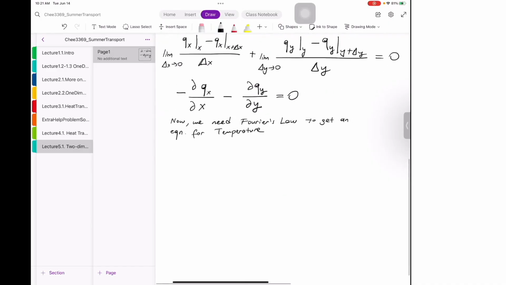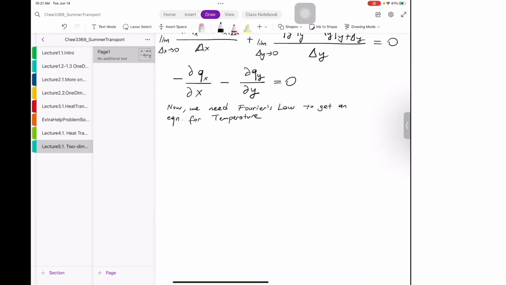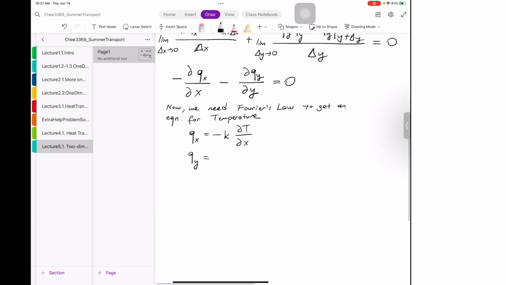Okay. So we need Qx equal to minus k del T over del x in Cartesian coordinates, right? And Qy is equal to minus k del T over del y.